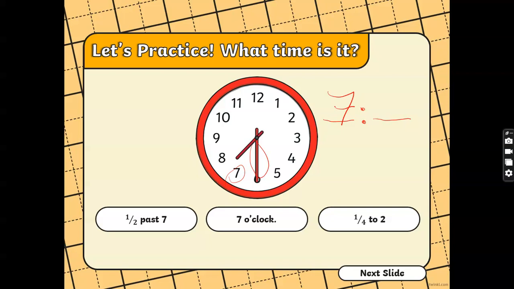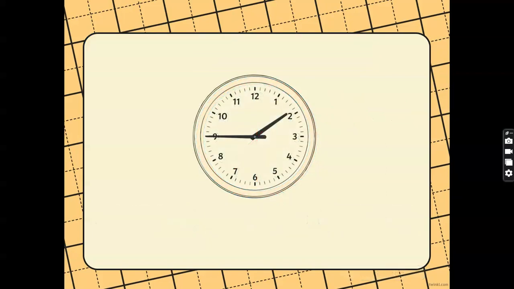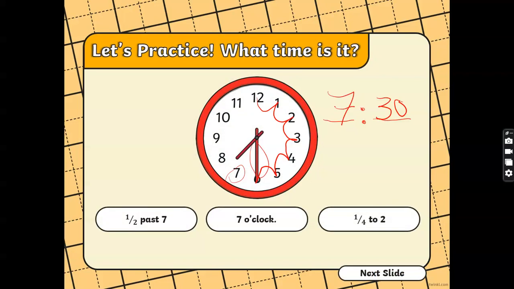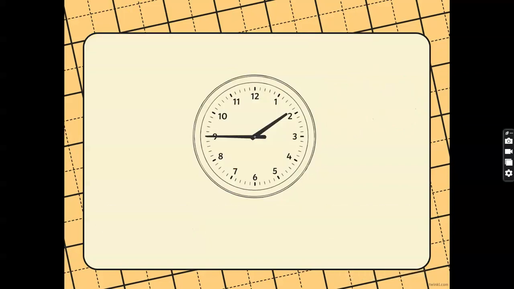Let's count by fives to know. 5, 10, 15, 20, 25, 30. Excellent. So the number of minutes is 30. So it is 7:30. What about this one?